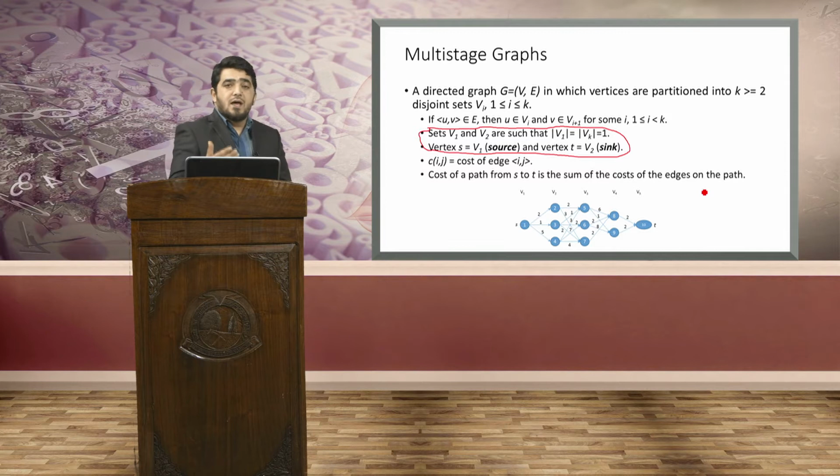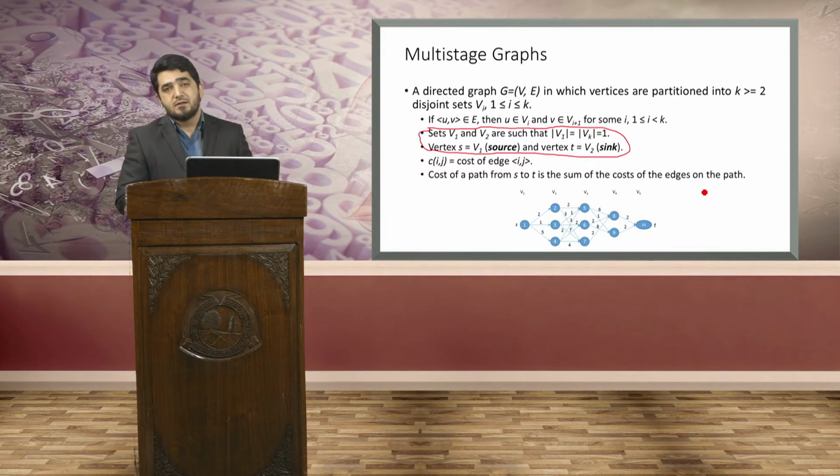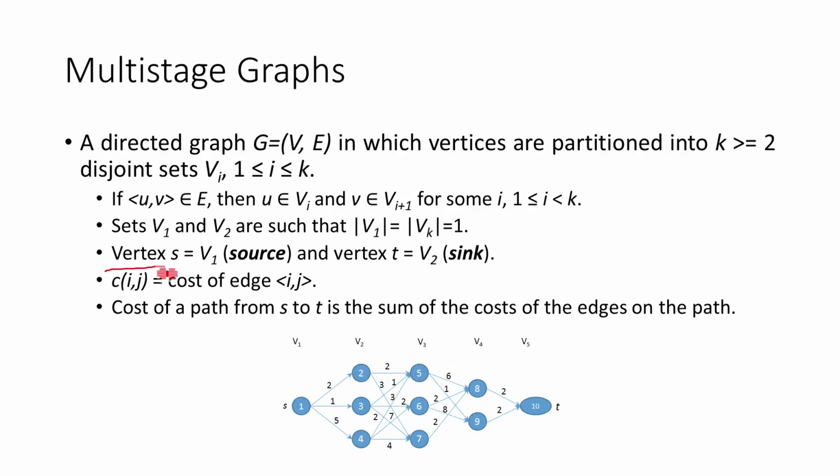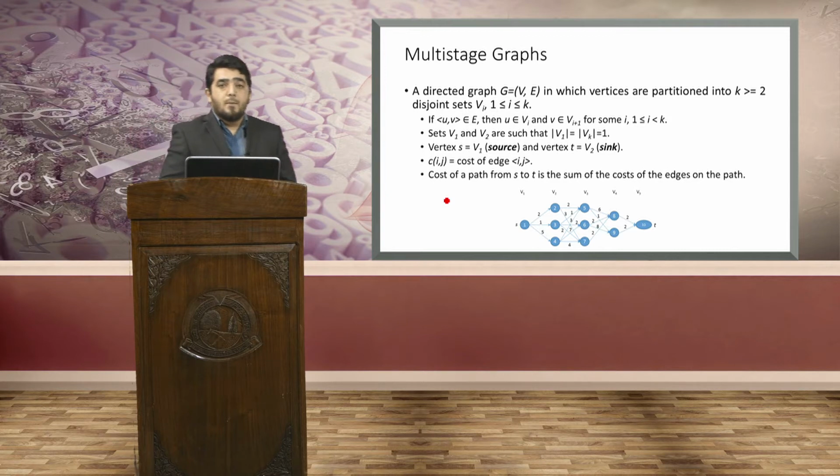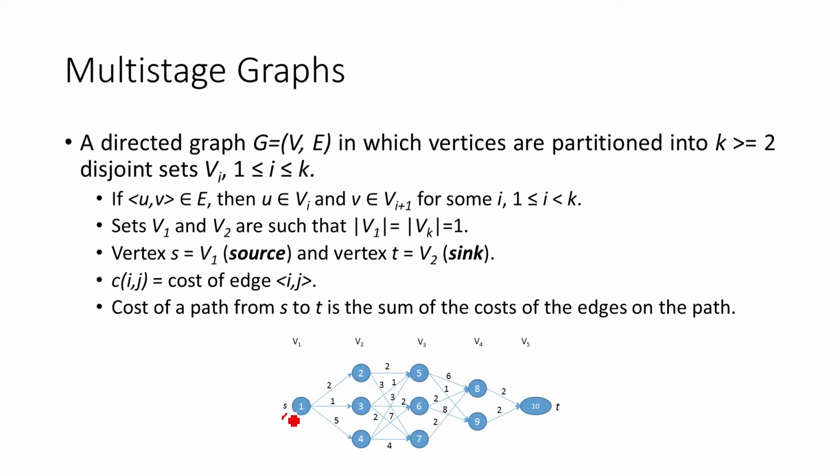Now we also have costs associated to each edge in the graph, and we represent that cost array as C(i, j), which means the cost of the edge from i to j. The cost of a path from the source to T, the lone node in the last stage, is the sum of the costs of all edges in the path.